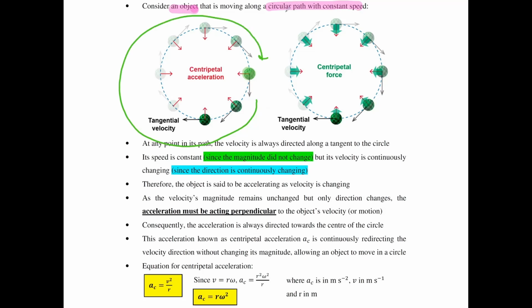Saying that you're moving along a circular path with constant speed basically means that your instantaneous velocity or your linear speed is always the same. Just now I mentioned that your instantaneous speed or linear speed is always going to be tangent to the point considered, right?